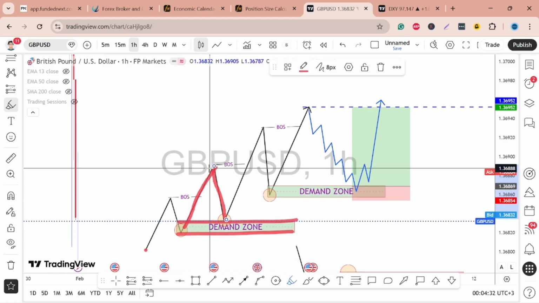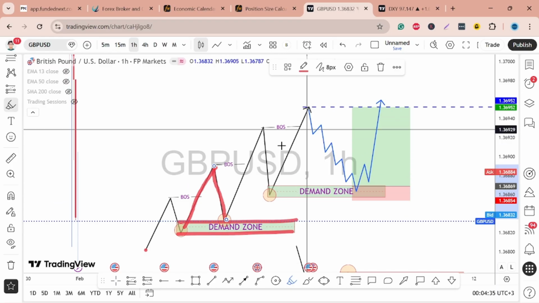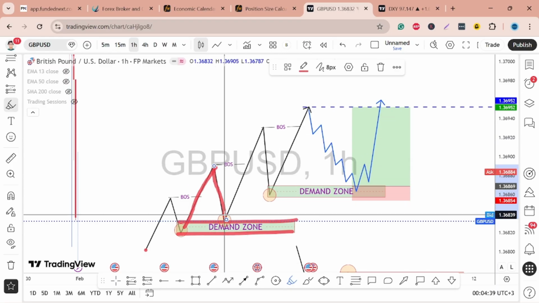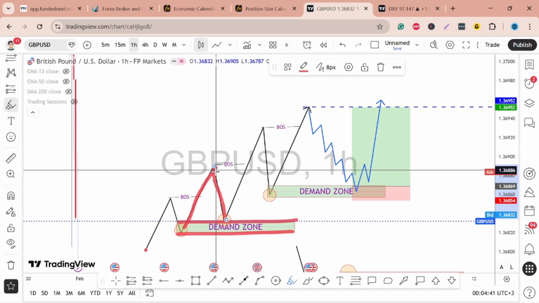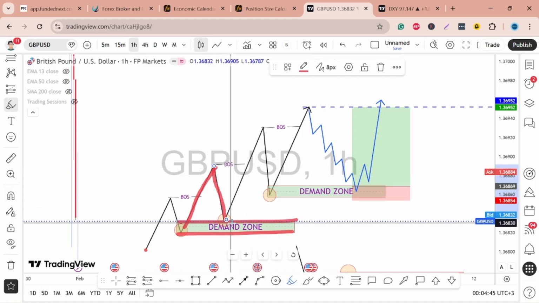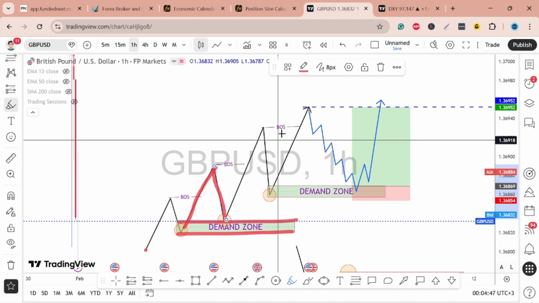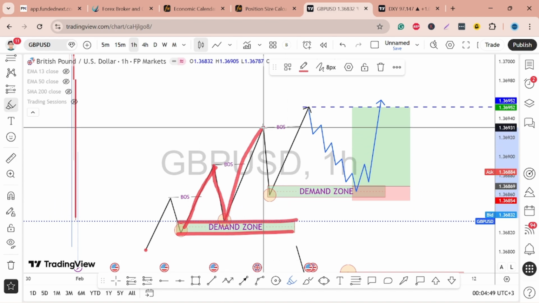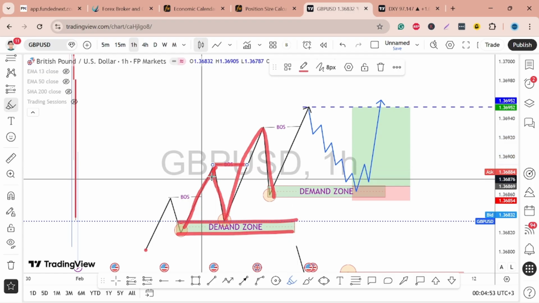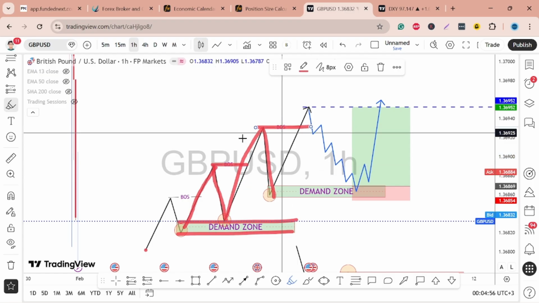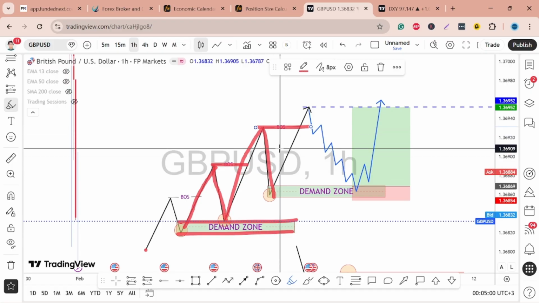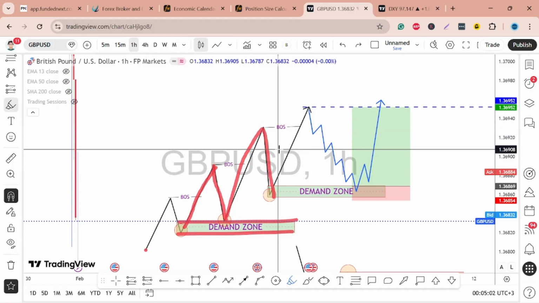The impulse is in line with the trend, so if it's an uptrend, you can see the move going up. In most times the market will pull back to the areas of demand, making higher highs and higher lows, as illustrated in the sketch. Anytime we have this break of the swing high, it means we're having a break of structure.